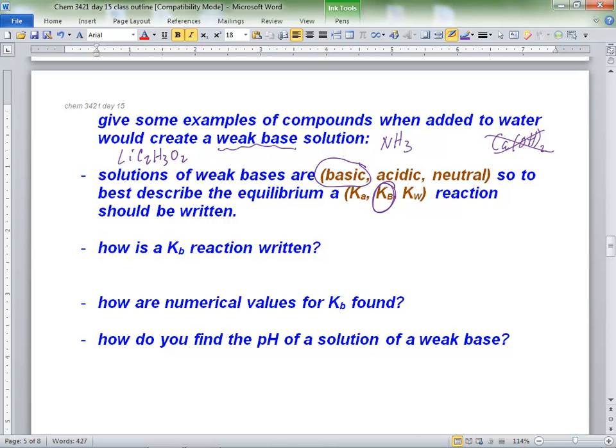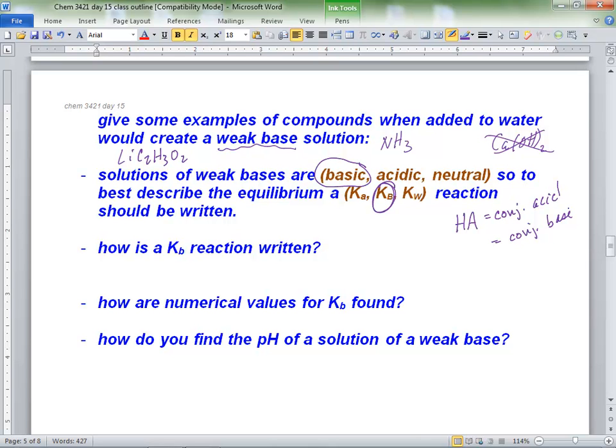Okay, so again, if HA is my conjugate acid, well, how would I write my conjugate base, Jose? If HA is my general form of conjugate acid, what would be my conjugate base?